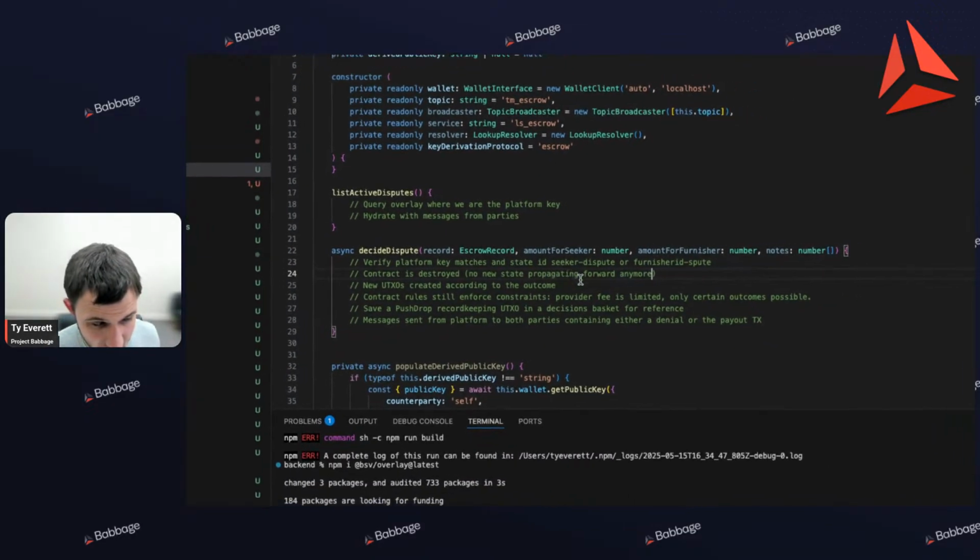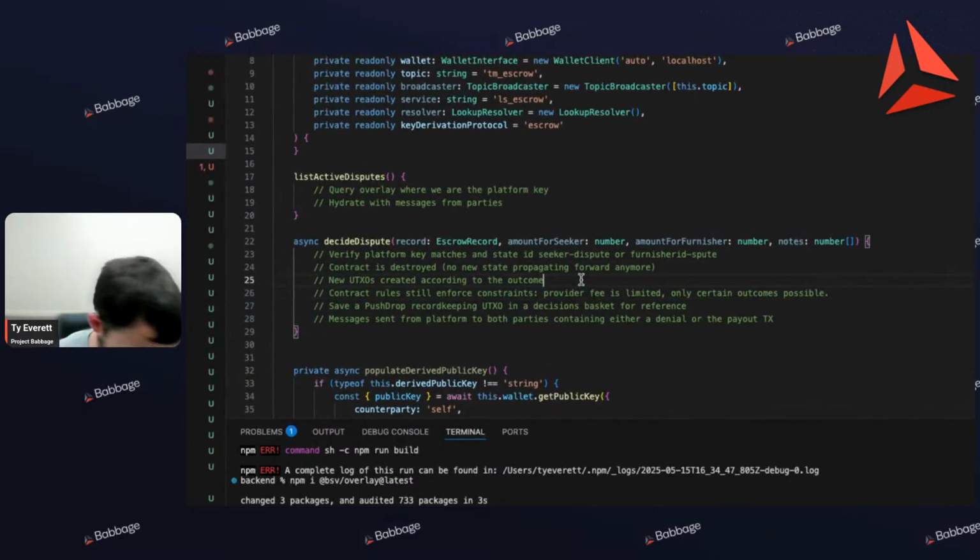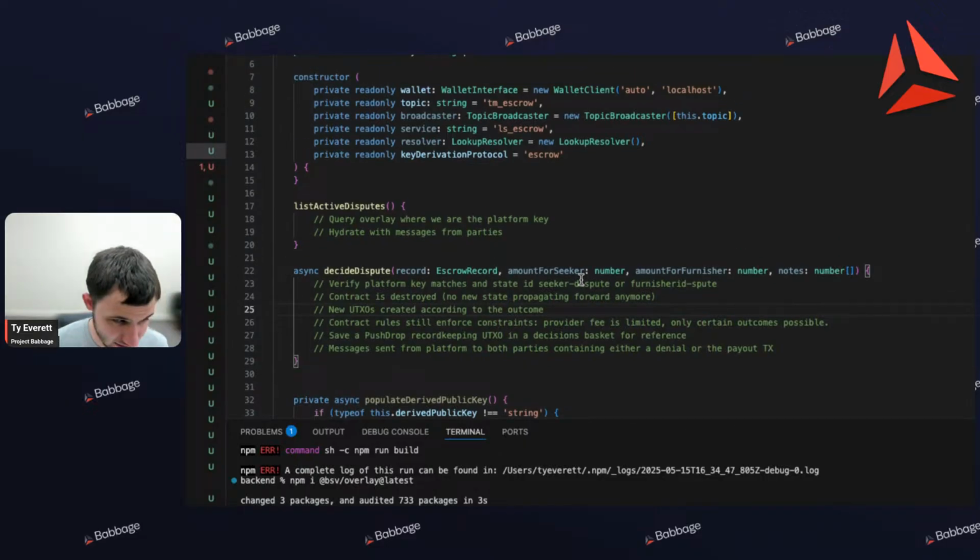So this has been the high-level architecture for this dispute resolution system. I think it's feeling pretty solid.